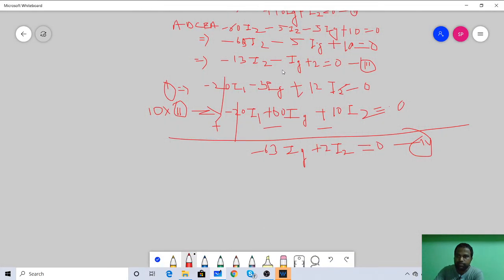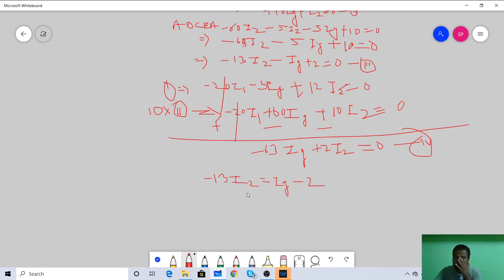If we simplify equation 3, we get minus 13 I2 is equal to Iz minus 2.